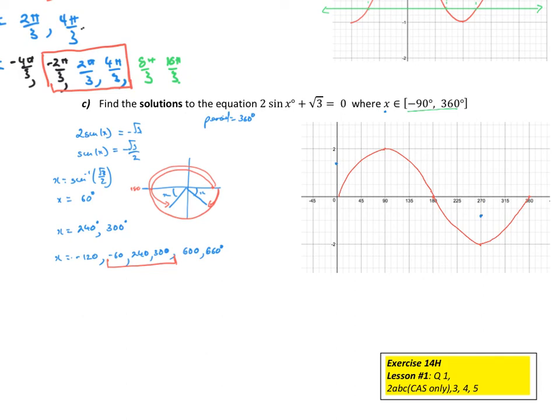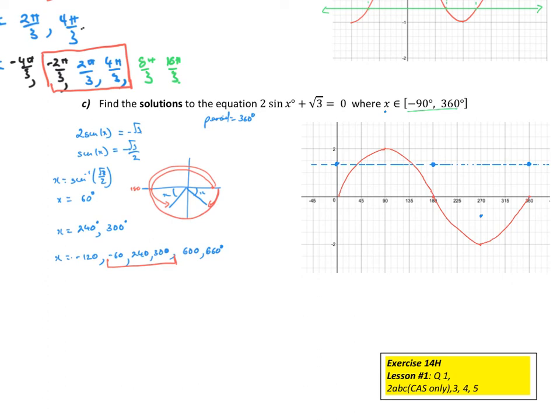And what's a good idea when we do a vertical shift is to redraw the axis. It's not an asymptote, but sort of that axis. So you know that was where the x-intercept was. At 180, that's where the x-intercept was.